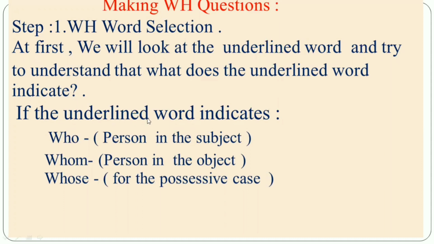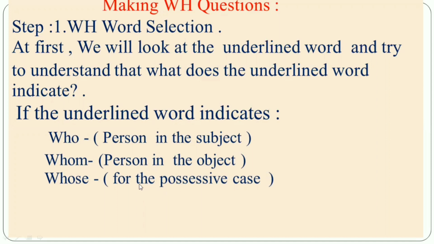If the underlined word indicates person and it is in the subject, then WH word will be who. If the underlined word indicates person and it is in the object, then WH word will be whom.